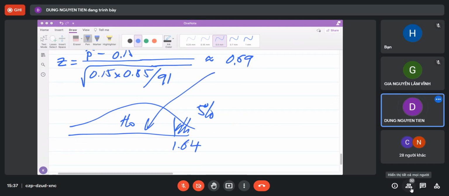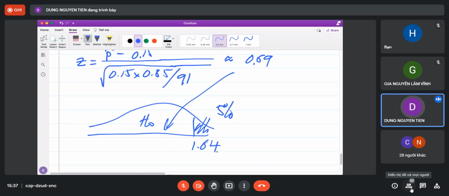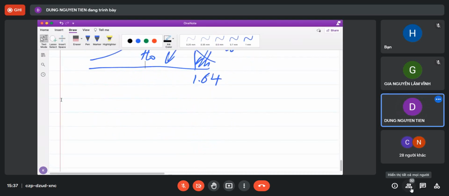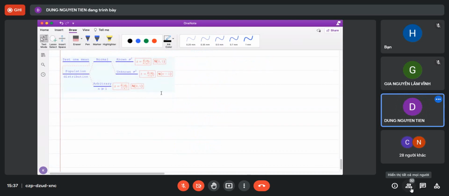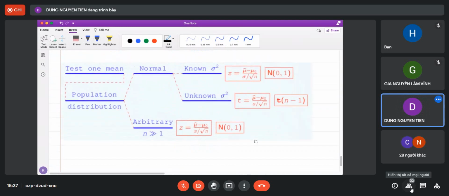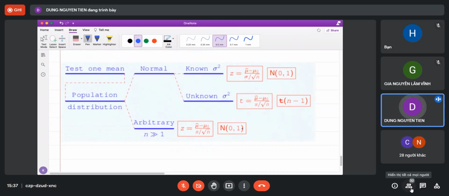It is all clear. So this is what we just learned so far. We test the hypothesis: if the distribution is normal and you know the population variance, then you use the standard normal distribution.